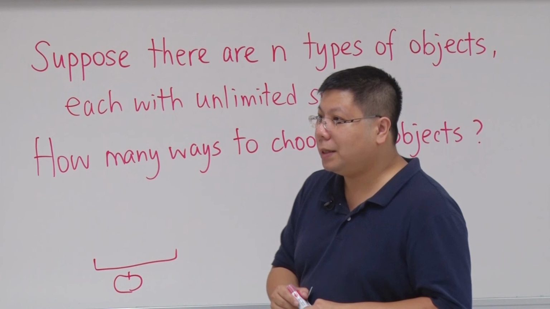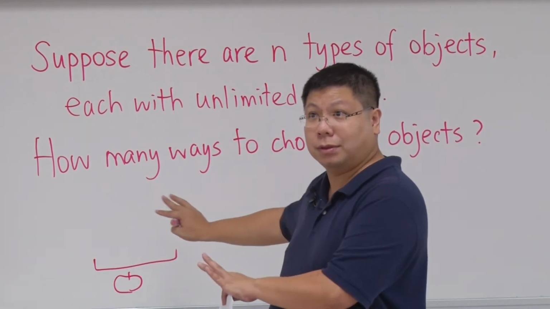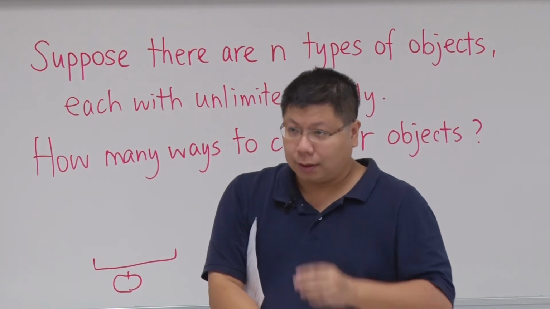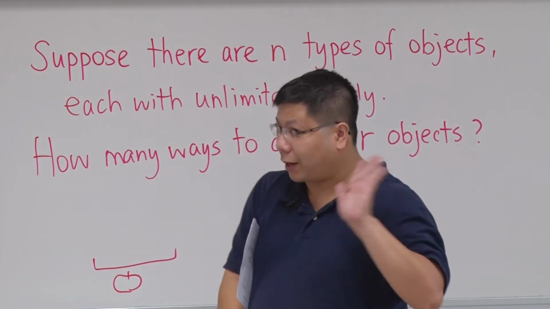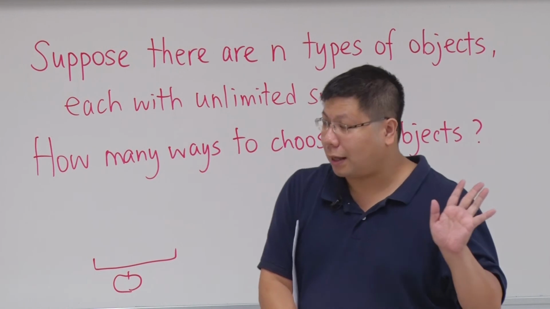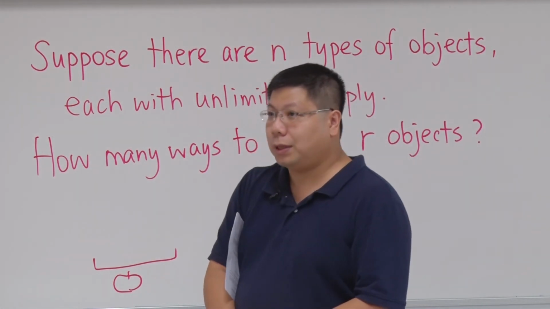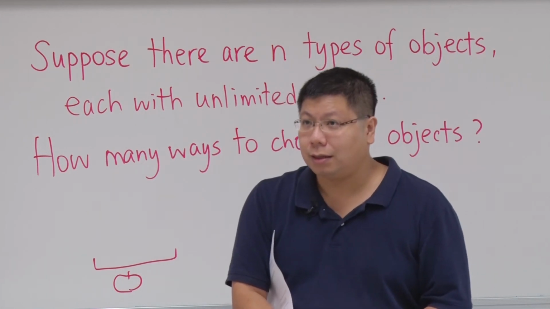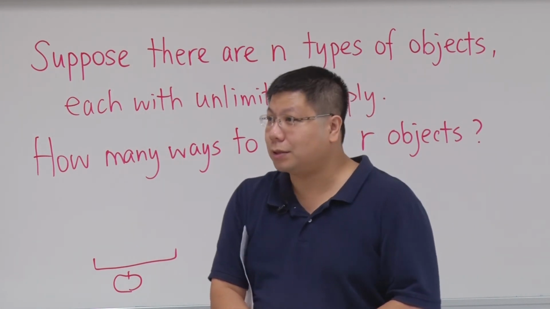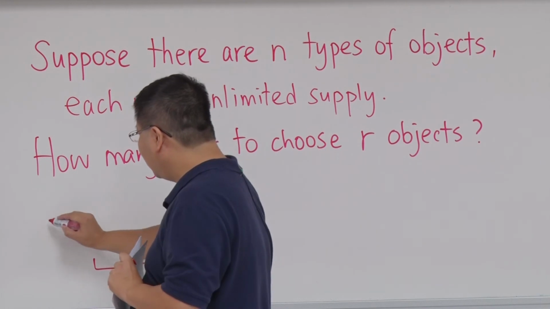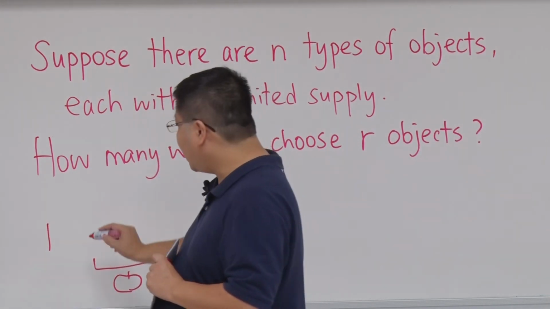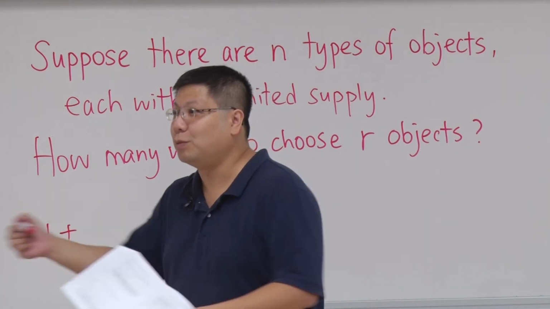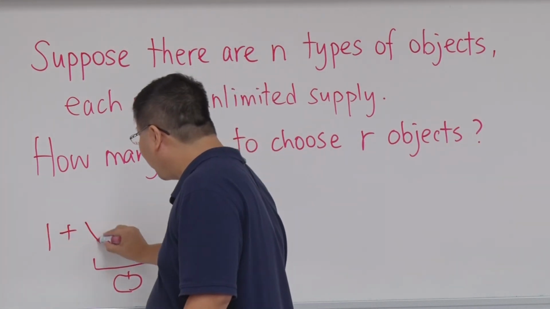Just looking at apples, forgetting about oranges, bananas, and everything else, how many ways can we select 0 apples? One way. How many ways of selecting 1 apple? One way.